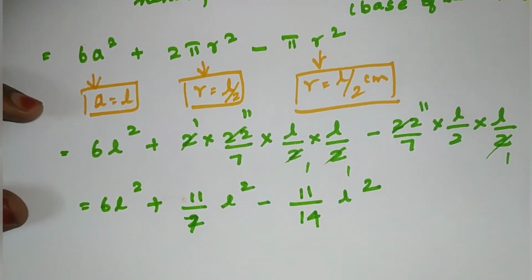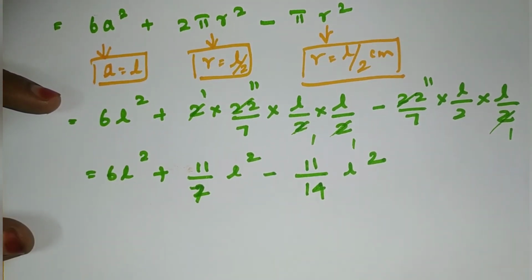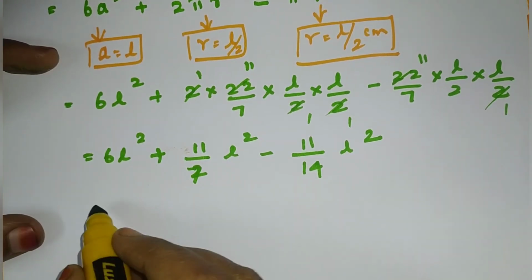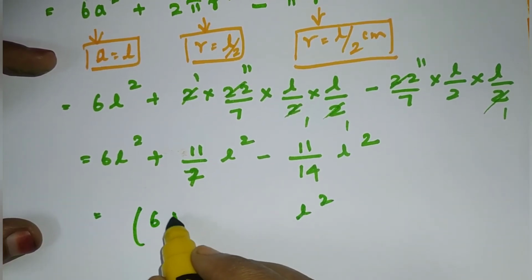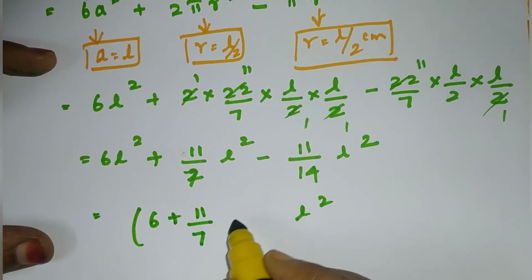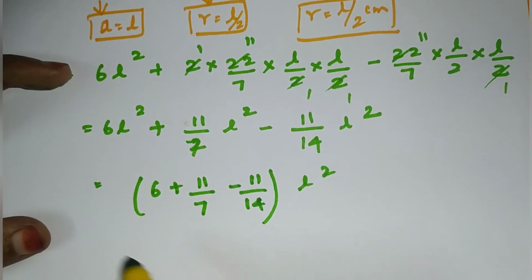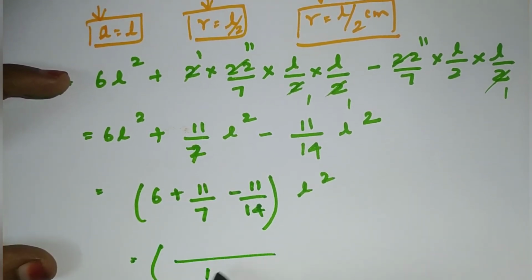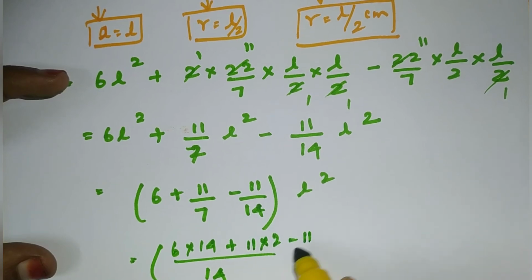Okay, then what can you take out, children? L square is common in everything, so I am going to take it out. The remaining is 6 plus 11 by 7 minus 11 by 14, and take the LCM. 14 is the LCM, then 6 into 14 plus 11 into 2 minus 11.